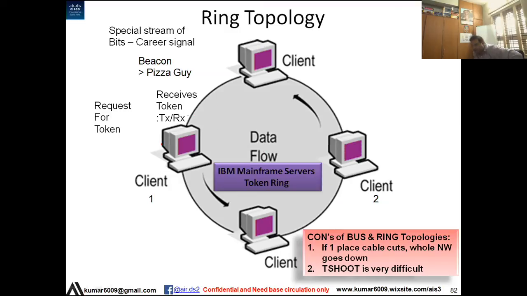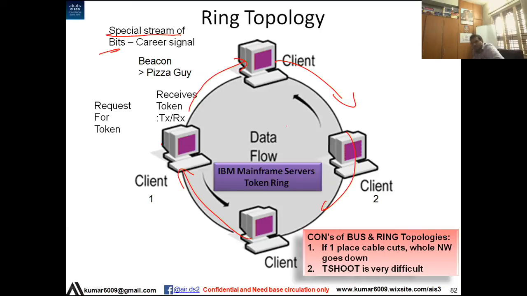There will be one stream of packets, like when you go to an airport, you have a baggage conveyor that keeps on roaming. We call this a special stream of bits, repeating millions of times per second, very fast roaming.